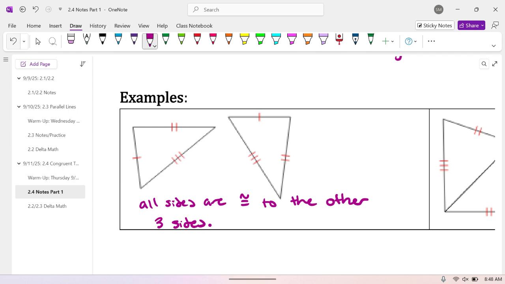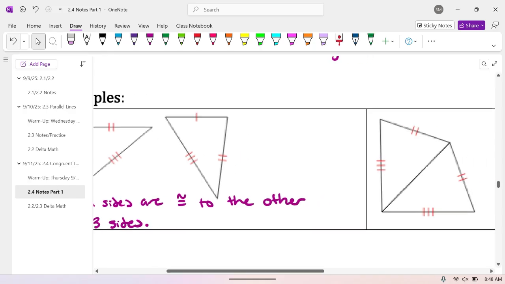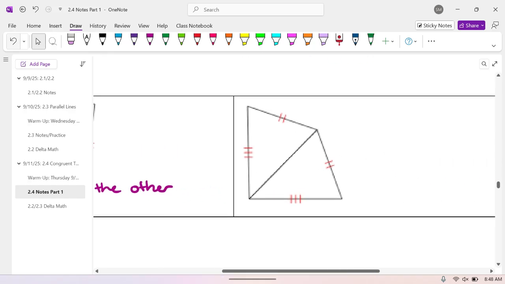Now, another way that you'll see side, side, side may be like this. So this is technically side, side, side. But what's going on between these two triangles? What do you notice? They're adjacent, so they're connected to each other. But since they're adjacent, that means they share a what? They share a side. So why can I say that this side is congruent to itself? It's the same side. All right.